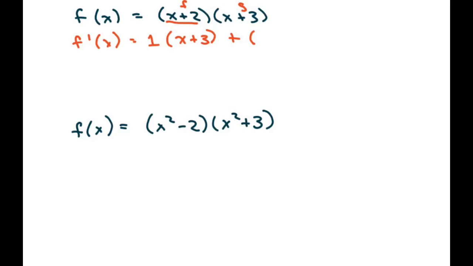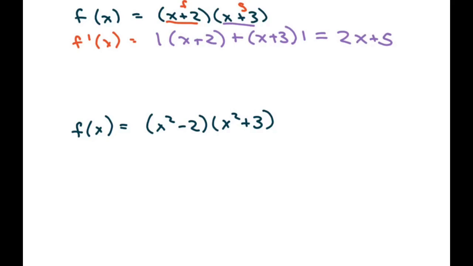Then take the derivative of this, and you get X plus 3, X plus, well, I should have done this different. Okay, let's do it again. So we're going to take the derivative of G, which is 1, times F, and then we're going to write down G, and take the derivative of F, which is just 1. And if you simplify that, that would be 2x plus 5. Alright, I'll do better on this next one.